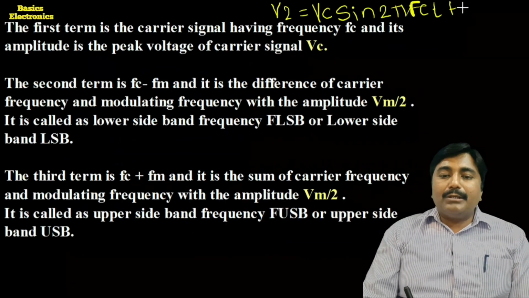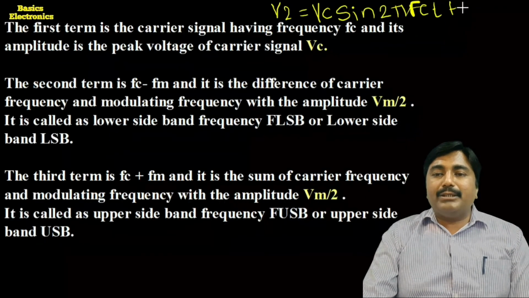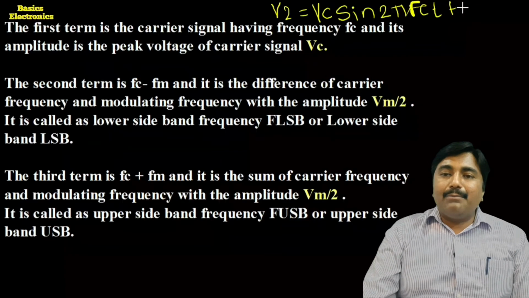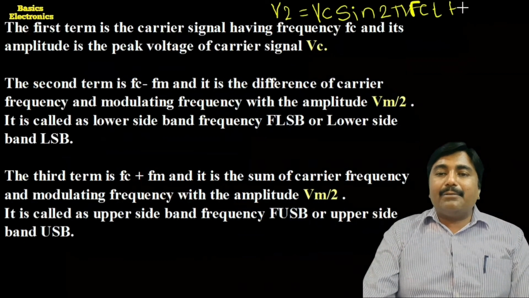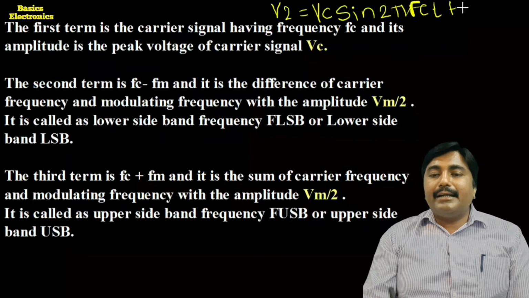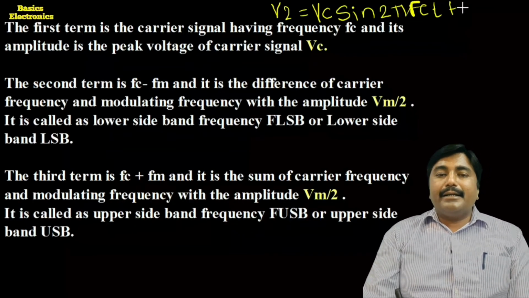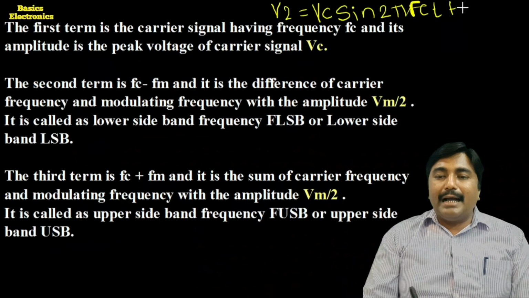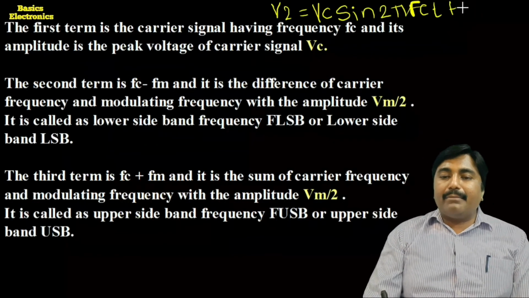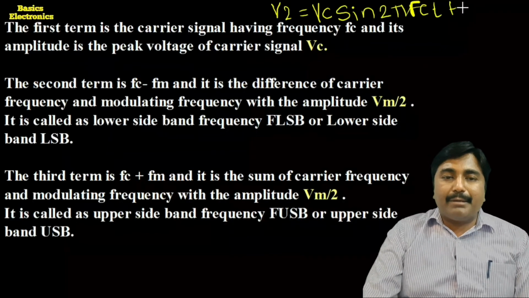Okay, if we solve this equation by using the trigonometric identity sine A sine B, then we get an equation that has three terms, or you can say three different frequencies. These three different frequencies are the carrier frequency, the lower sideband frequency and the upper sideband frequency.